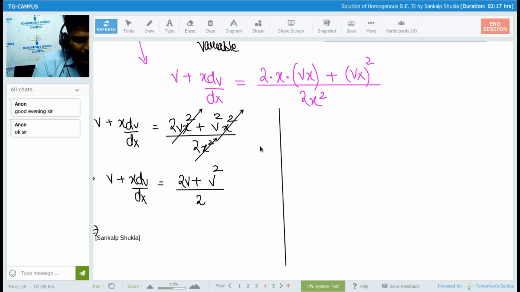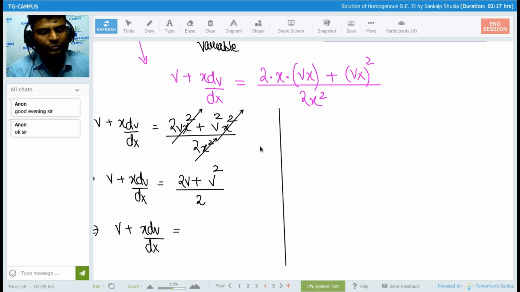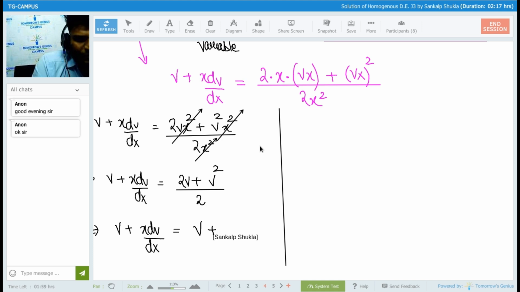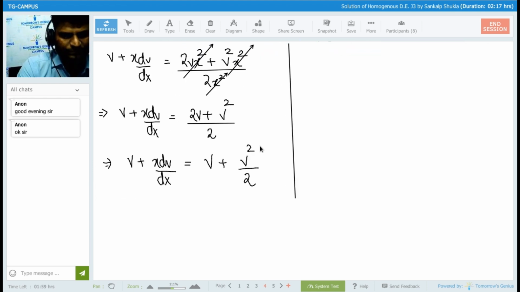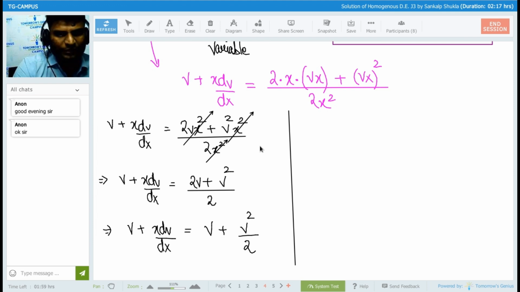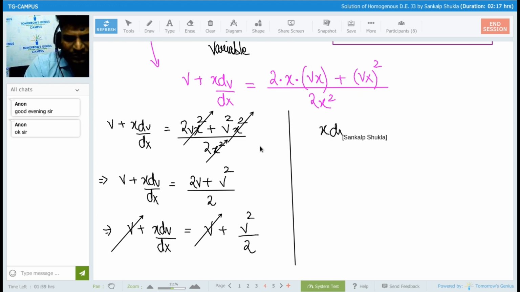Yes, fine. So we can write it as v plus x dv by dx is equal to, split this 2 in the denominator, so this will become v plus v square by 2. Got it? So 2v upon 2 will be v only and v square by 2. Now similarly this v and v will be cancelled. So we are only left with x dv by dx is equal to v square by 2.